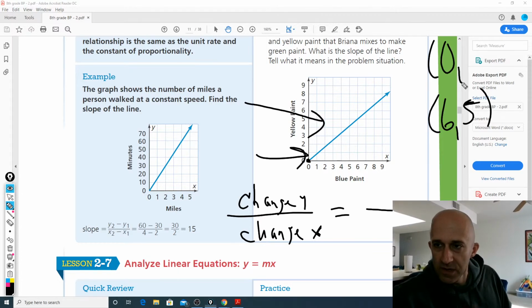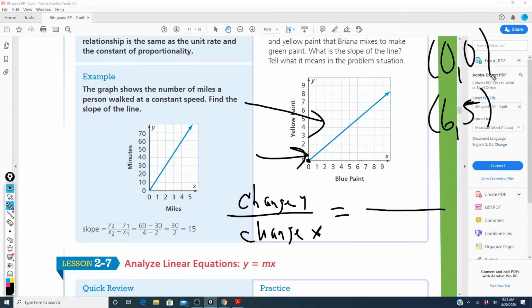And our other point is 0, 0. So you want to find your change in y. Well, it's going to be 5 minus 0, because remember that this is your y.